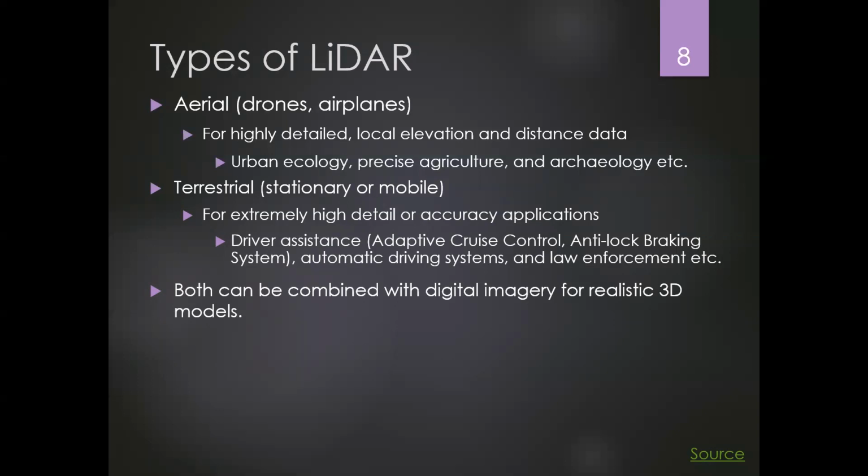If you check the surroundings of a high-end car with an automatic driving system, you will see that there are a lot of distance sensors mounted on the car. If the car is expensive enough, some of these sensors could be LiDAR.